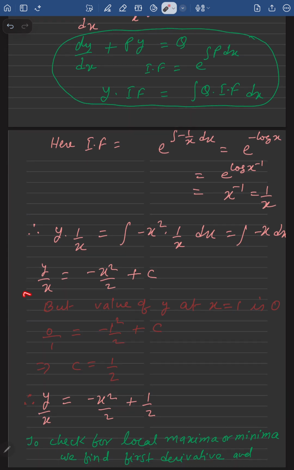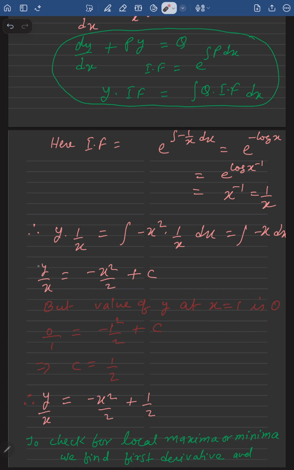So now we try to find the value of c, and in this condition we will use the given one. There was one condition given, that the value of y at x equal to 1 is 0, that is y(1) equal to 0. We will apply this.